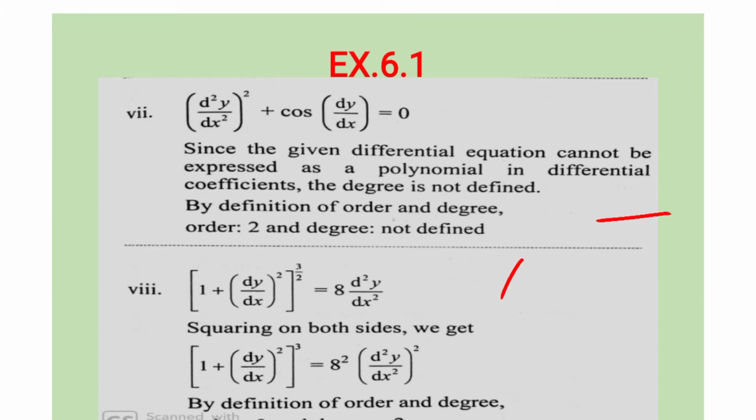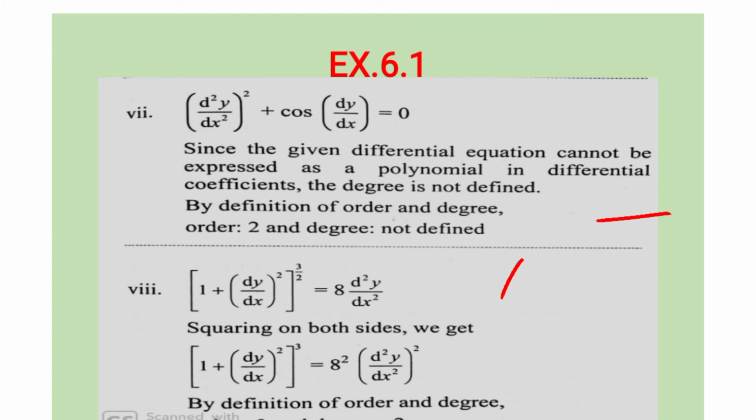Then eighth problem, 1 plus dy upon dx the whole square raised to 3 by 2 is equal to 8 d2y upon dx square. Now here 3 upon 2 is the power on the left hand side.